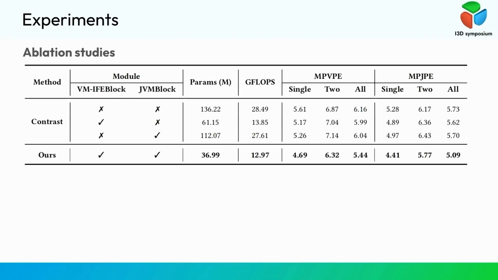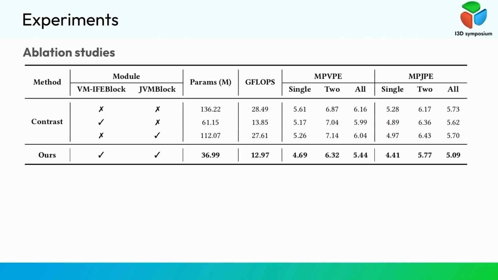In this slide, we present the ablation study conducted to verify the effectiveness of our proposed method, VMBHINet. To evaluate the impact of different components on the model's performance, we systematically examine how the inclusion or exclusion of key blocks affects the results. The ablation study clearly demonstrates that the full model, which integrates both the VM-IFE block and the JVM block, achieves the best performance.